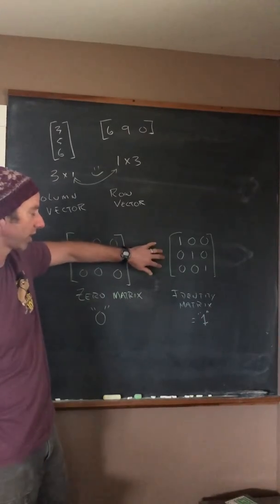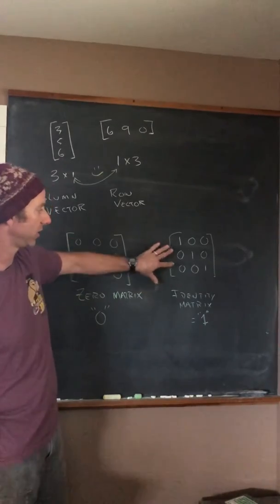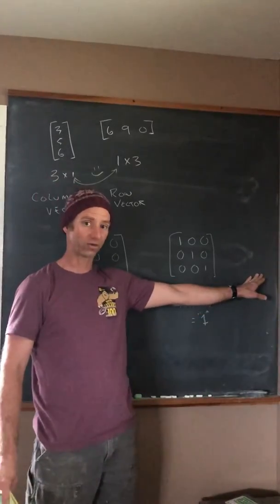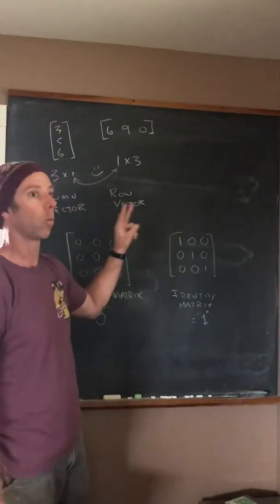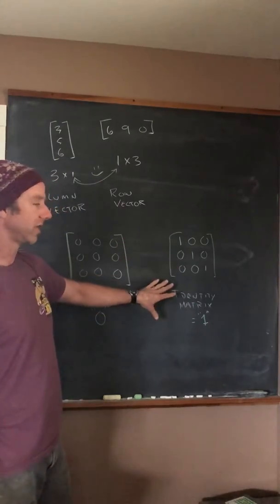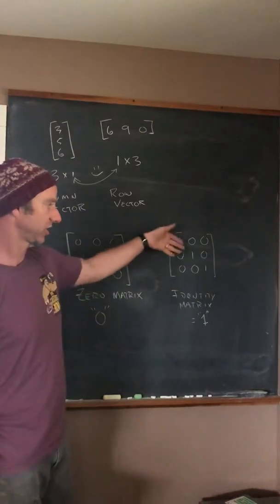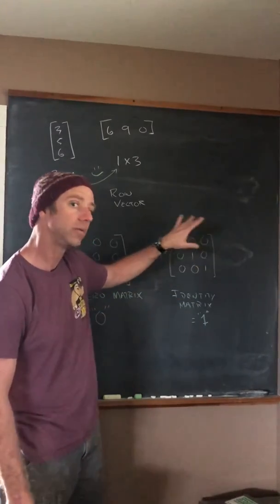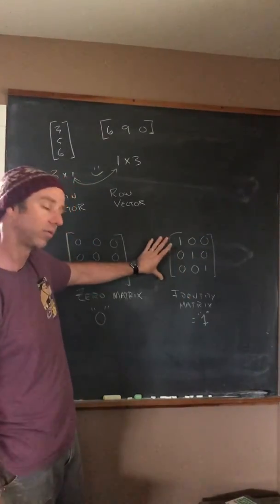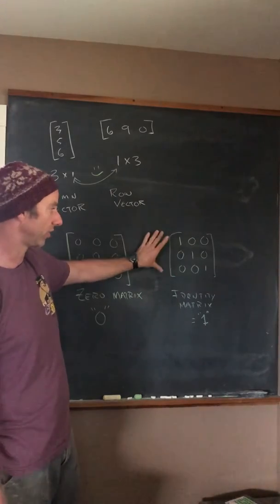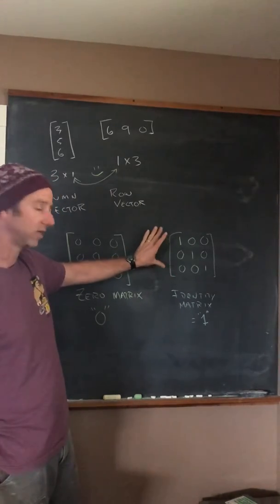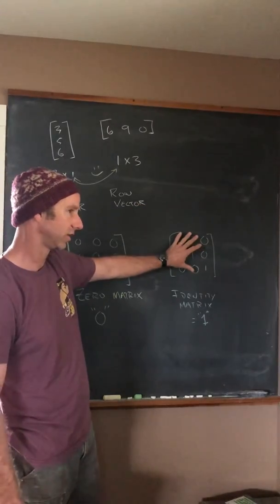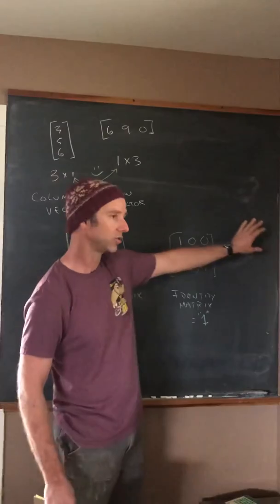So if you multiply any 3 by 3 by this one, you will get the same product over here. Okay, this is just number 1. If your dimensions are not nice, clean, and square, you will not necessarily have the ones on a diagonal. They may be somewhere else. There are an infinite number of identity matrices. However, the takeaway is that your matrix times the identity matrix returns your same matrix.